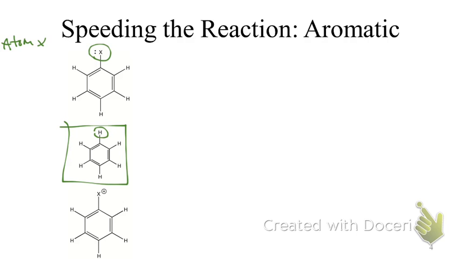It has more electrons than hydrogen. If we look at atom X down below, what changed? So it has less electrons than the hydrogen. How does that affect our reaction?